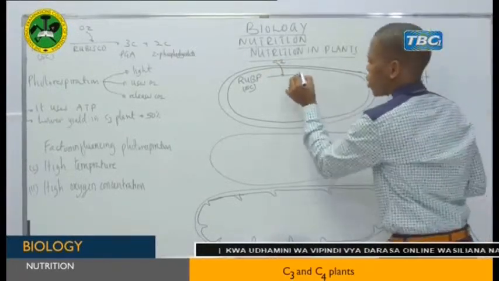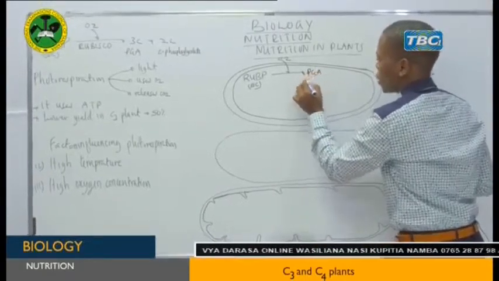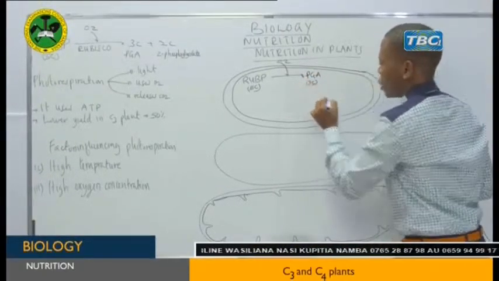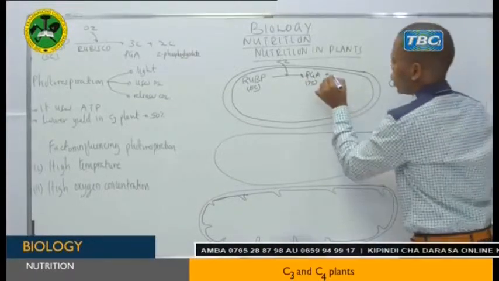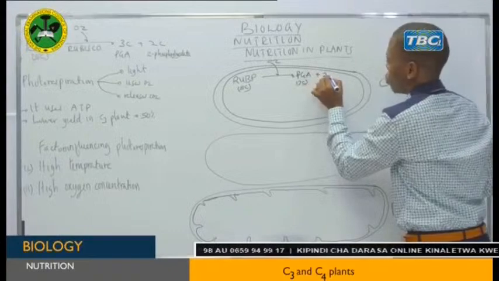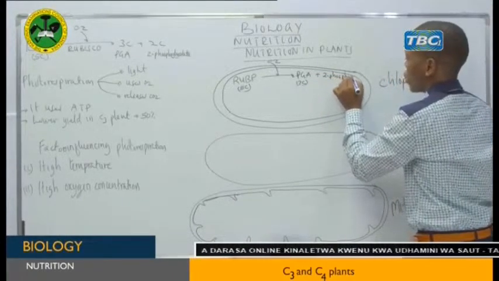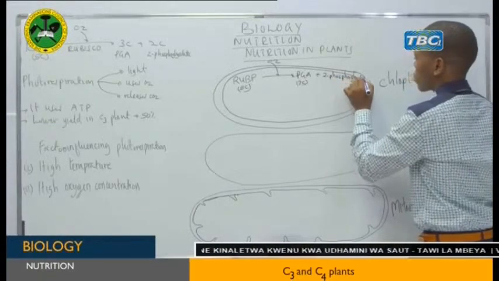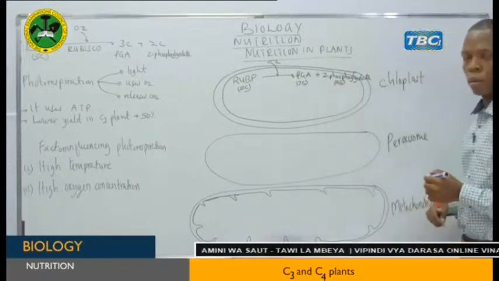One molecule with 3 carbon compound, we call it PGA, and another molecule of 2 carbon compound, we call it 2-phosphoglycolate. This is a 2 carbon compound.